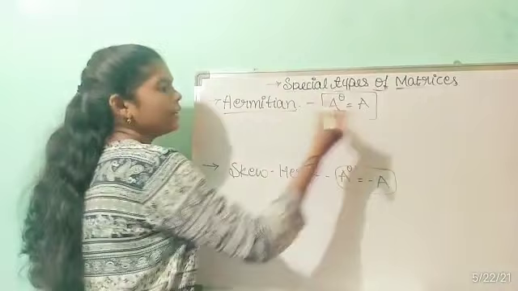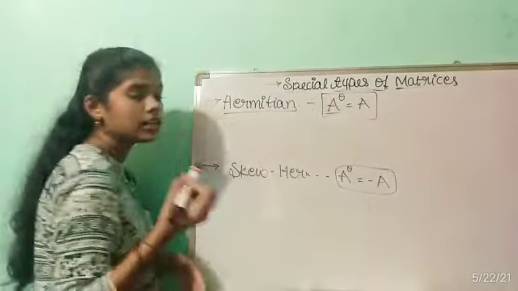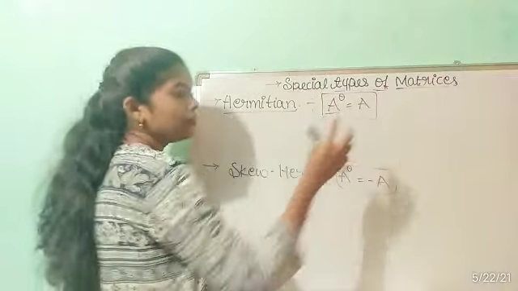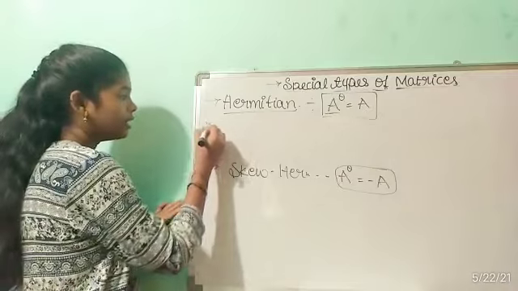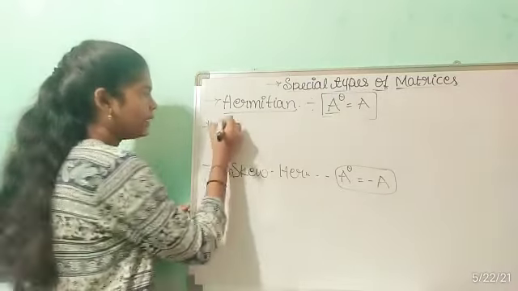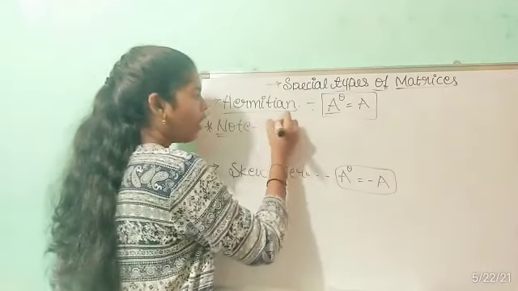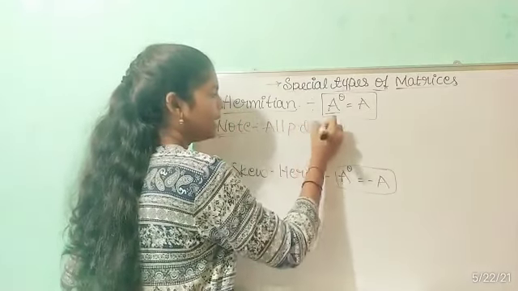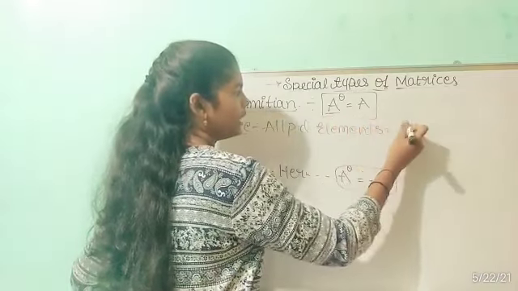This is nothing but the transpose conjugate of a matrix. If the transpose conjugate of a matrix is equal to the given matrix A, then it is known as a Hermitian matrix. And here the conditions apply. One note is important: all the principal diagonal elements must be real.